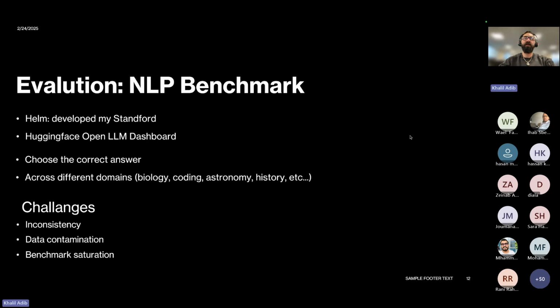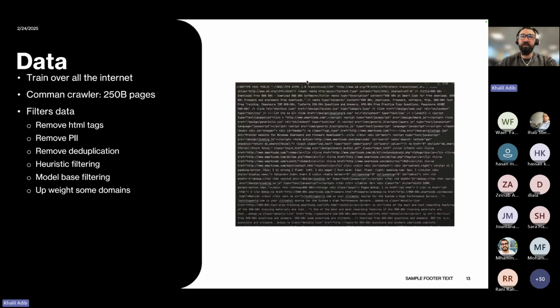Right, so talking about data, it is really important as well, because as I said, garbage in, garbage out, which means we train the models on the data, and if the data is good, the model would be good. Basically, what they do is train over all the internet. I literally mean all the internet.